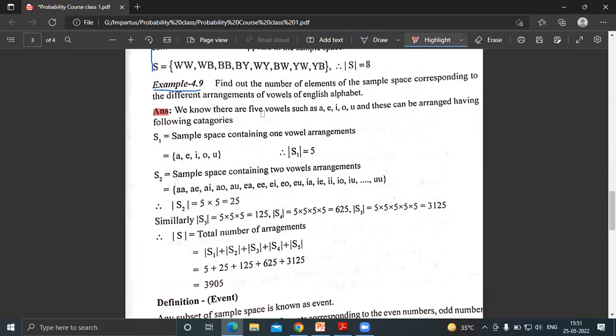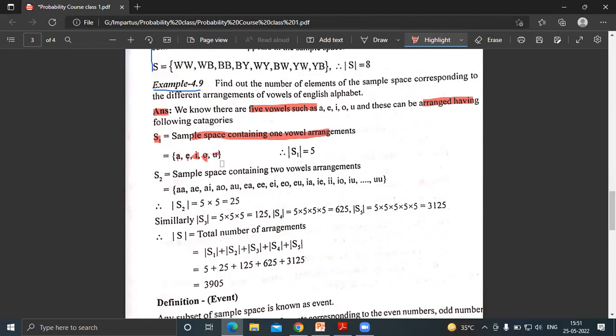We know that there are 5 vowels, A, E, I, O, U, and these can be arranged in the following categories. If we take a sample space containing one vowel, either A comes out, or E, or I, or O, or U.